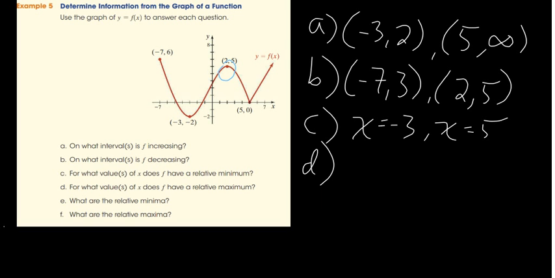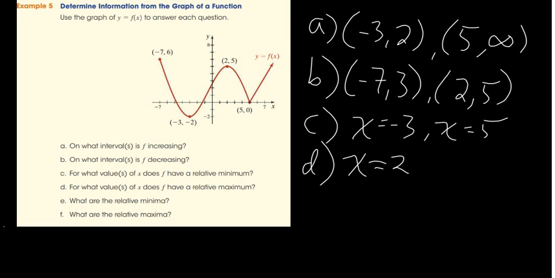We're not choosing this other point because we're looking at where we rise up to a point and then down. This does not rise up to a point. Likewise, we don't have a maximum over here either, because it's just going on and on forever. So the only value of x that has a relative maximum is x equals 2.